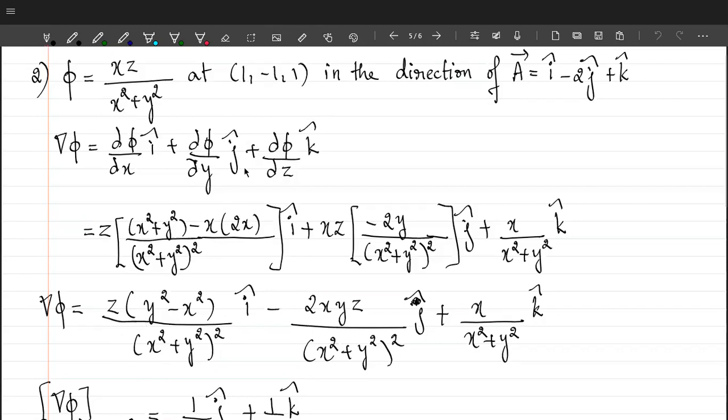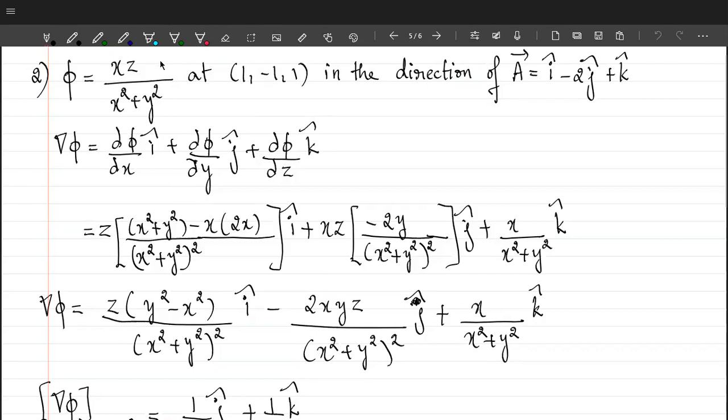Then ∂φ/∂y. Differentiate φ with respect to y. When you do that, xz, or this numerator here, will be a constant, so I have written xz here. Differentiate 1/(x² + y²) with respect to y partially.